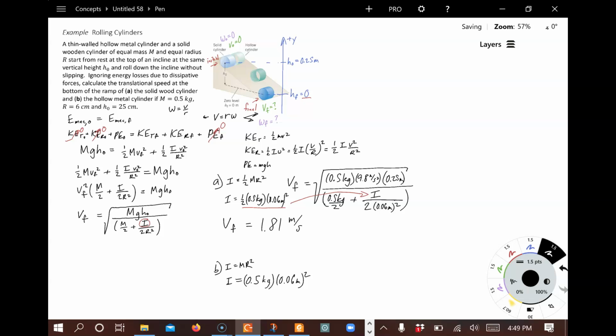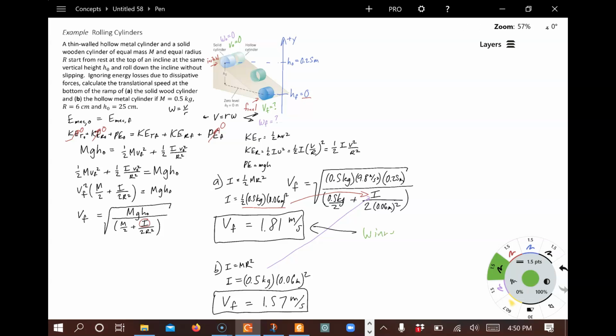Whereas when we take the I for the part B hollow metal cylinder, the larger value, and plug it into that same equation, we end up getting a V final here, a smaller value equal to 1.57 meters per second. So when we look at these two values, we compare them, we can see that the one that reaches the bottom with the higher speed, the solid disc of wood, that one is the winner in the race.